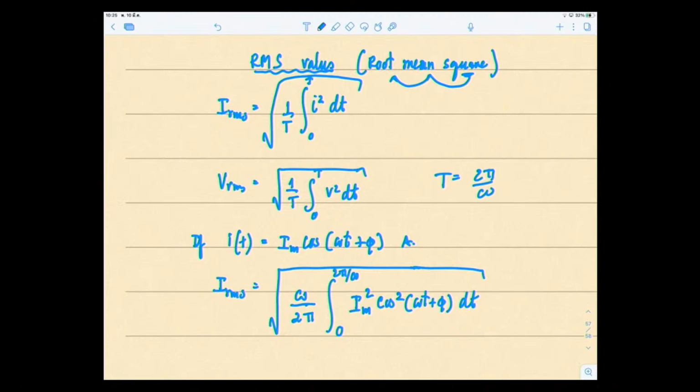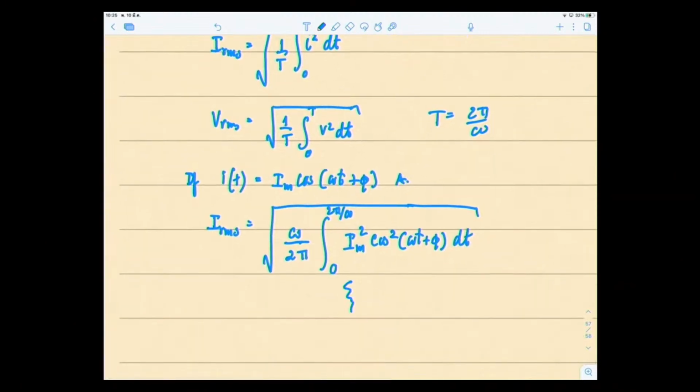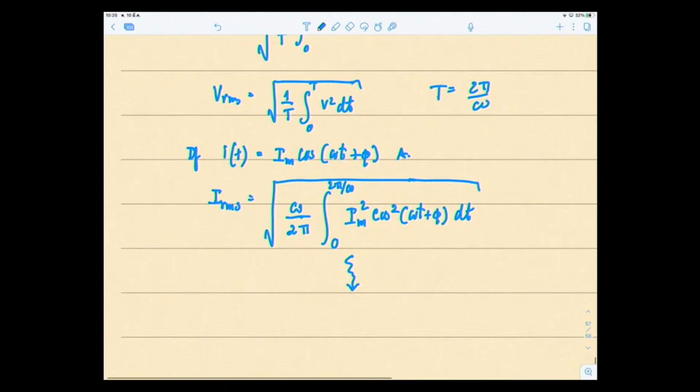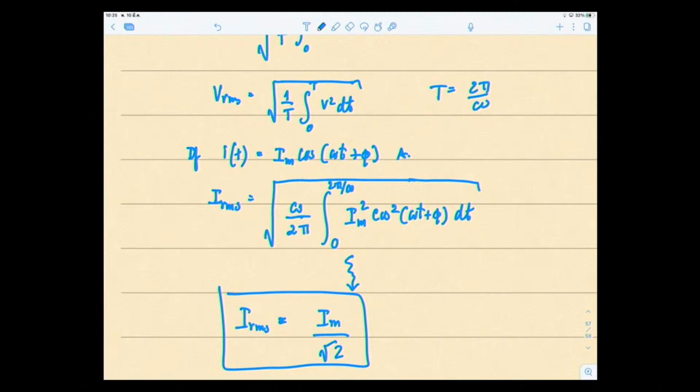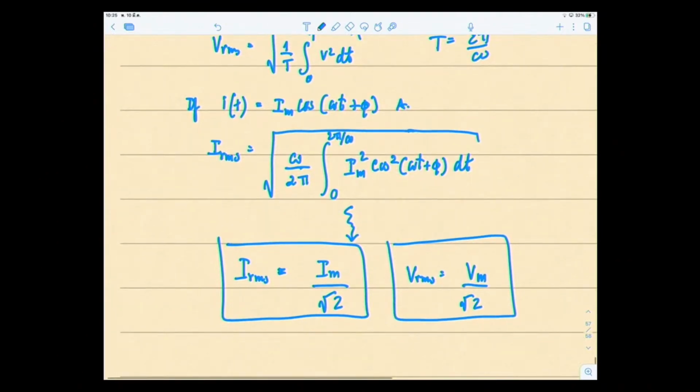Of course you can be my guest and do the integration, but the answer for us to use is that IRMS is simply the magnitude of your current waveform divided by root 2. This is IRMS. So VRMS is also equal to Vm over root 2.